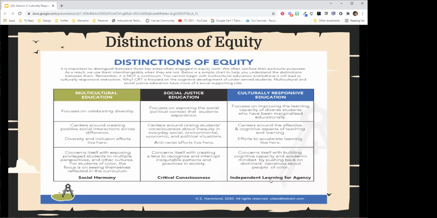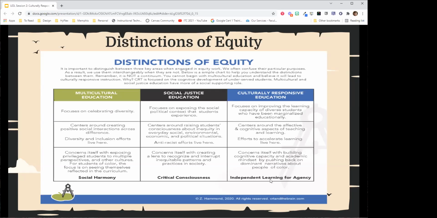Also, culturally responsive teaching centers around the affective and cognitive aspects of teaching and learning, and its efforts to accelerate learning live here. So it's about the learning. It's not necessarily about the systems that have affected that student prior to that learning. It's about how can we harness their culture to help them learn better. And then it concerns itself with building cognitive capacity and academic mindset by pushing back on dominant narratives about people of color.